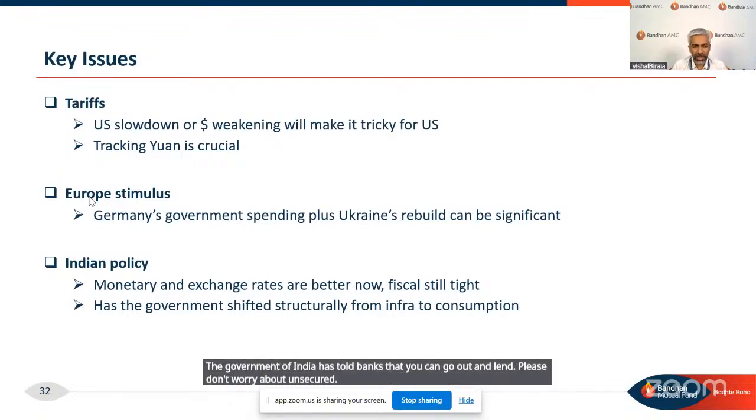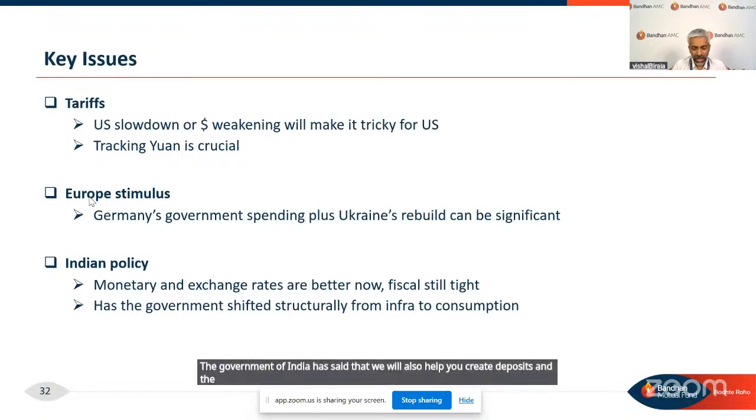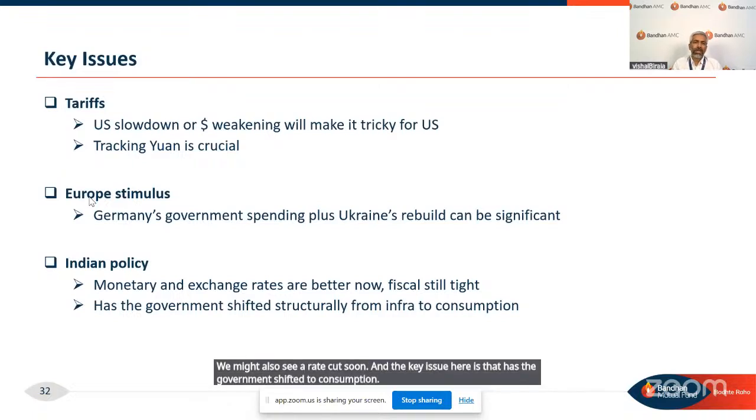The government has said that it will also help create deposits, and it has deposited about 70,000 crores of its money. The RBI has deposited that money in the banks. We were running a tight fiscal that we continue to do, but on the monetary side we have improved meaningfully. We might also see a rate cut soon, and the key issue here is whether the government has shifted to consumption from infra.